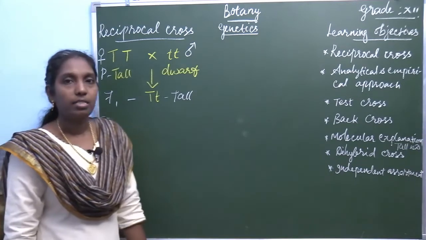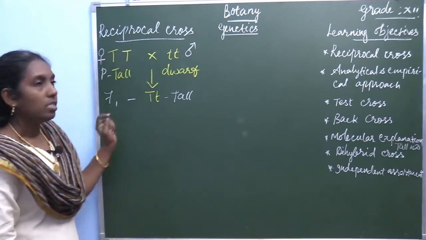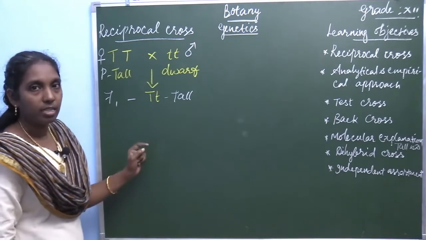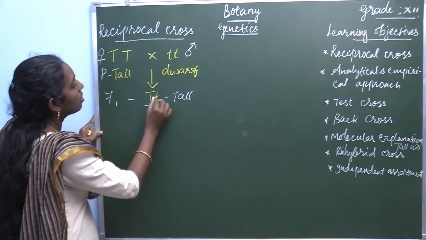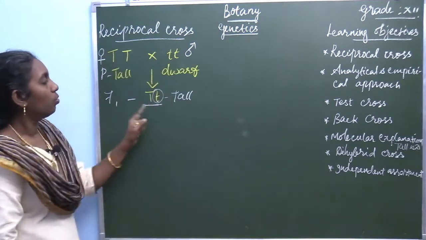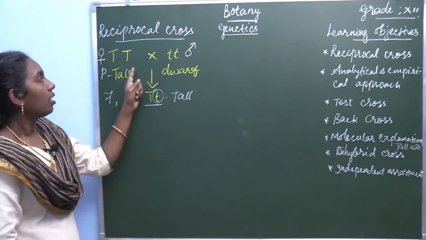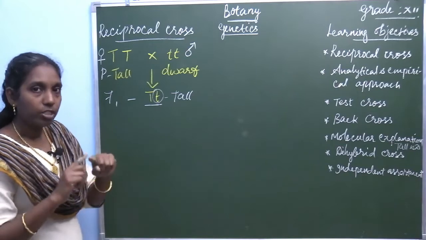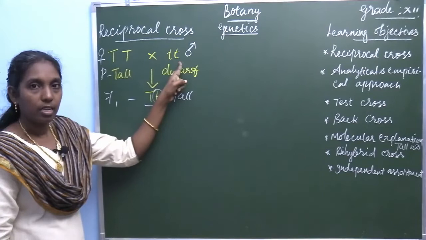What is the analytical and empirical approach? In this experiment, analytically, in the F1 generation, the dwarf character is hidden, it is not expressed. In monohybrid cross, it is a single trait which contains two alleles. This is one allele, this is another.